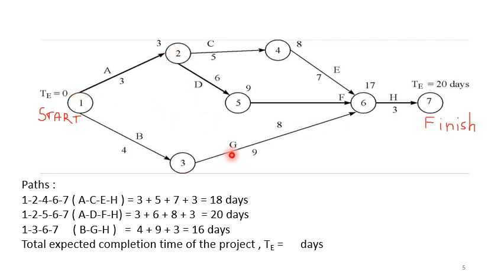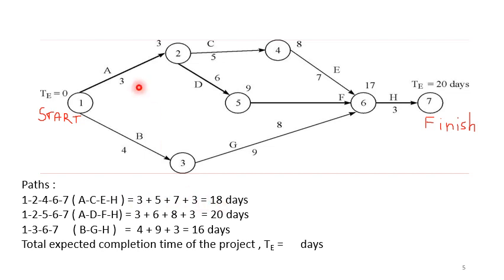Follow a path from start to finish, taking into account the activities coming in that particular path. Now, if you look at the network diagram, you can identify the first path as 1 to 2, 2 to 4, 4 to 6, 6 to 7, that is A, C, E, and H. Add up all the individual activity times.